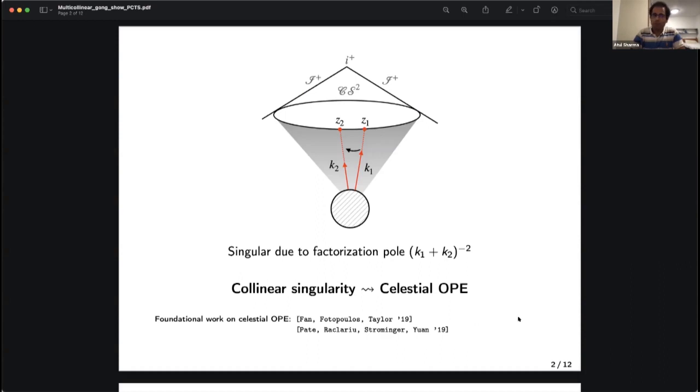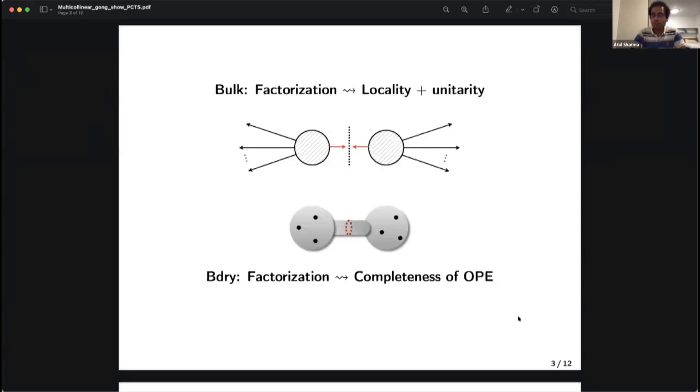But collinear singularities are not the only kind of singularities that flat space scattering amplitudes have. Famously, they have factorization singularities, which are necessitated basically due to locality and unitarity. These are basically just propagator singularities, on top of which, if you take a residue, the amplitude factorizes into 2 smaller left-right subamplitudes.